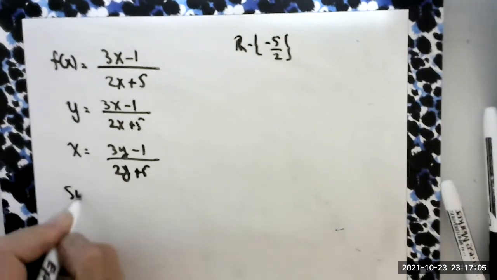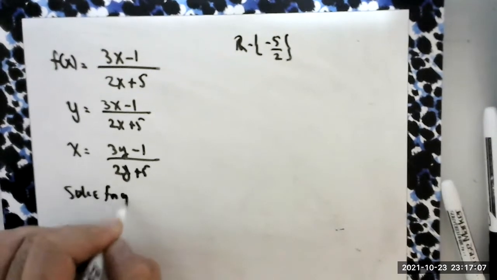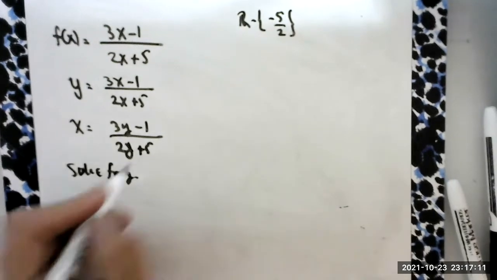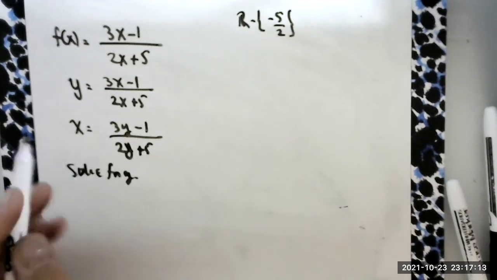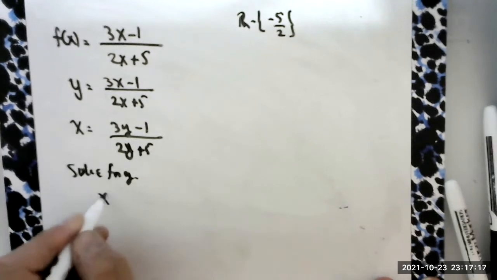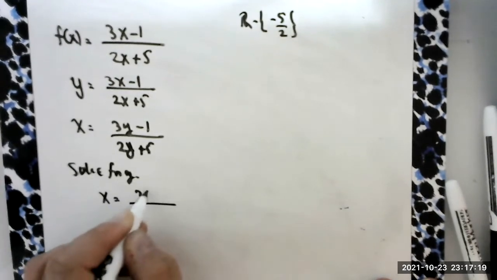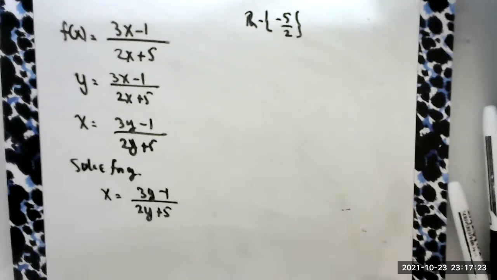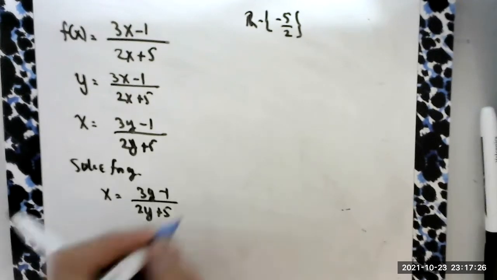Okay, and now we need to solve for y. Let's see if you remember the steps. The first step, since I'm solving for y, is the LCD, your best friend. My LCD will be 2y plus 5.